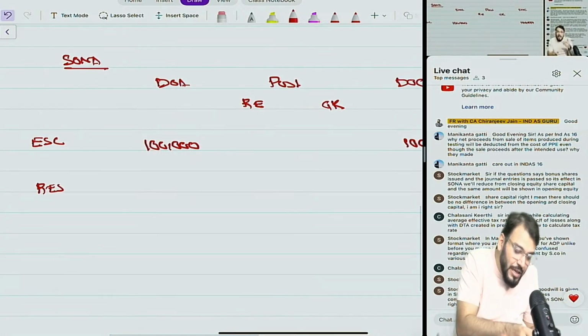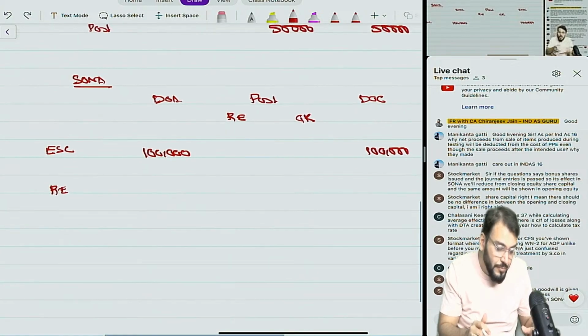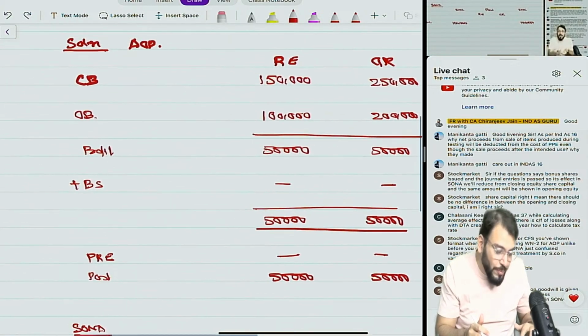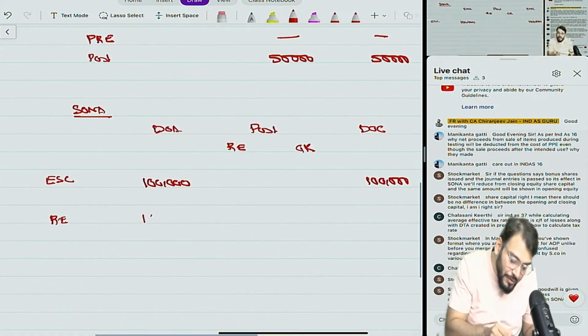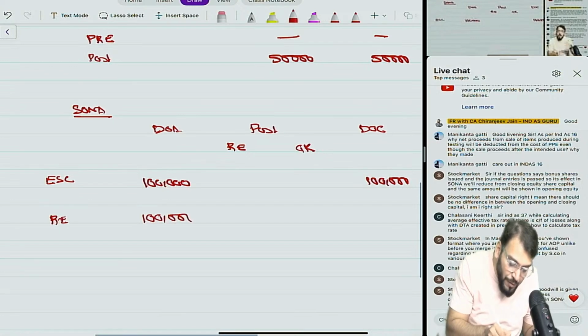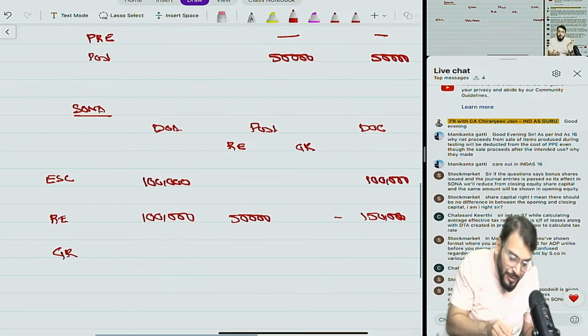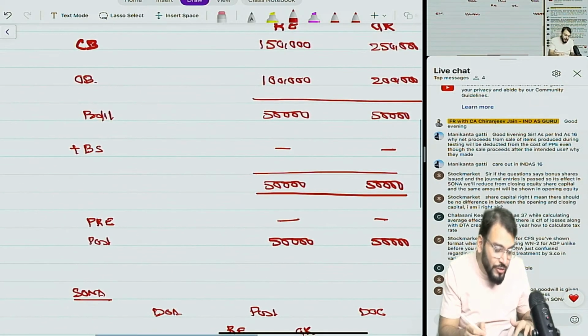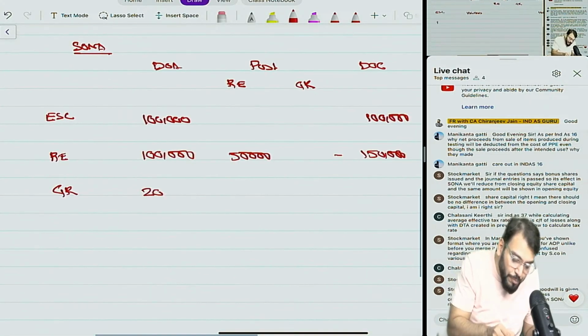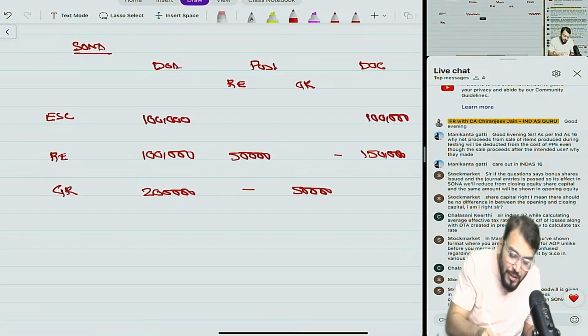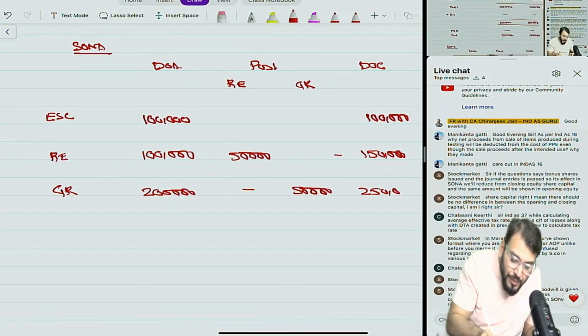Then we write down in the retained earning. What is the opening balance? Opening balance of retained earning is 1 lakh, and there is no pre-acquisition profit. Post-acquisition is how much? 50,000. Total becomes 1,50,000. Then we write down general reserve. Opening balance is 2 lakh, there is no pre-acquisition profit, and the post-acquisition profit is 50,000, and it becomes 2,50,000.